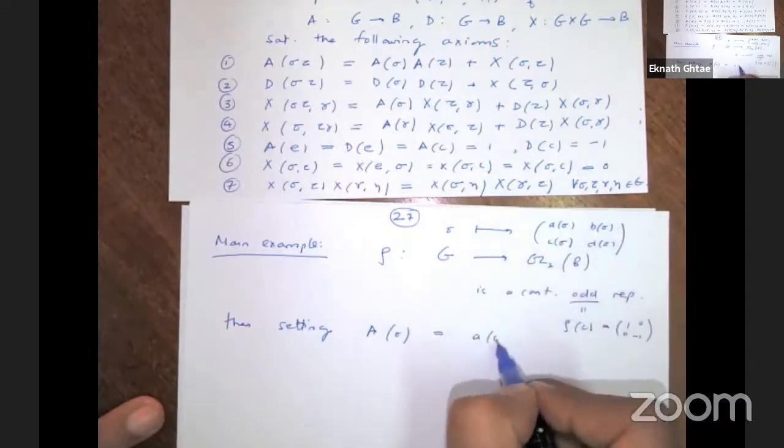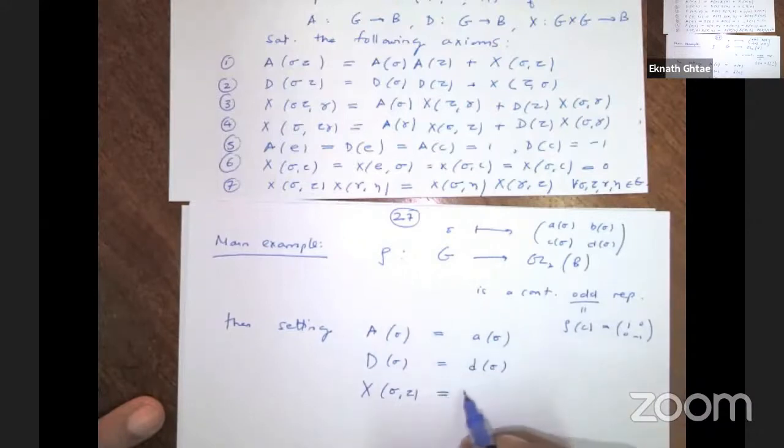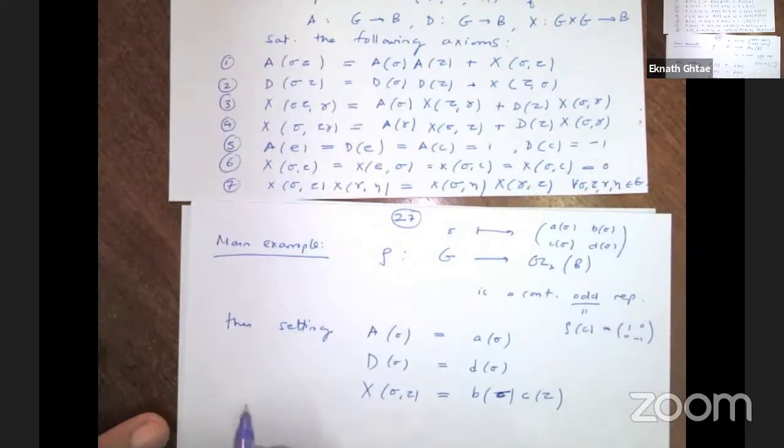Setting A of sigma to be the top left corner, D of sigma to be the bottom right corner, and X of sigma tau to be the product of the top right corner, sorry, this was top left, top right corner times the bottom left corner for sigma and tau. One can see with a little bit of computation that pi equals A, D, X is a pseudo representation.